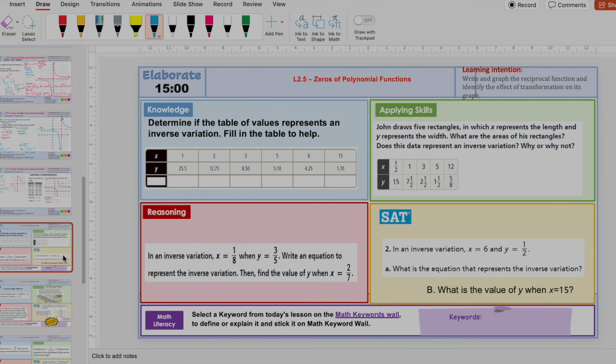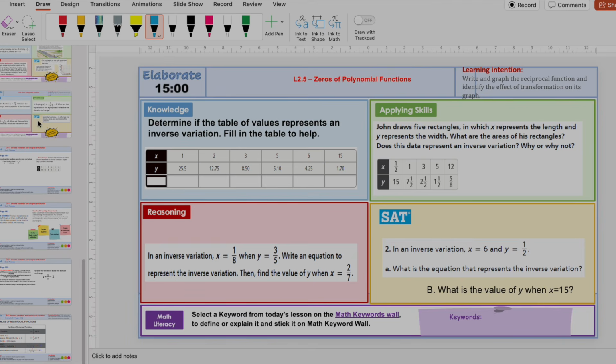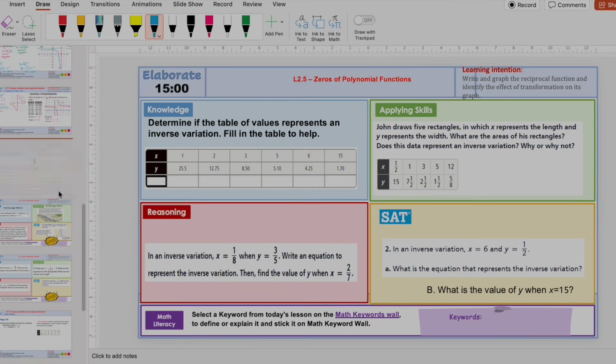What else? That's it. You can go through some questions and practice more if you want. Like here we have a table, just check out if it's an inverse or direct relationship. Same goes here, just check out if it's an inverse relationship, if they want you to check if it's inverse or not.